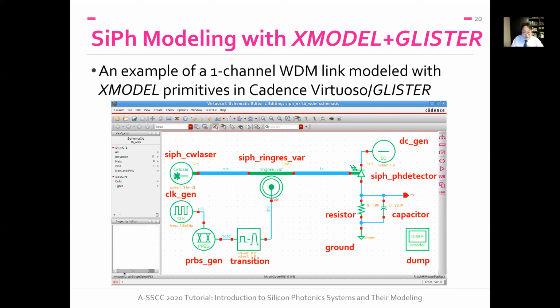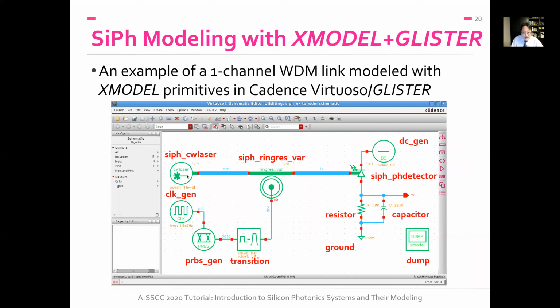This is a Cadence Virtuoso schematic editor, and Glister offers the XMODEL primitives as a set of symbols. So modeling in this environment is simply placing these primitive symbols on the schematic and connecting them up.